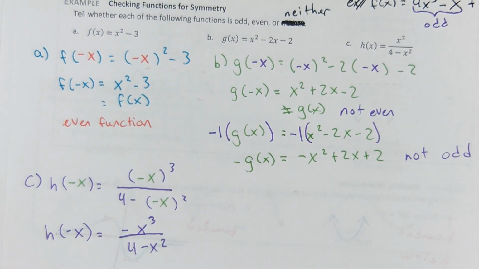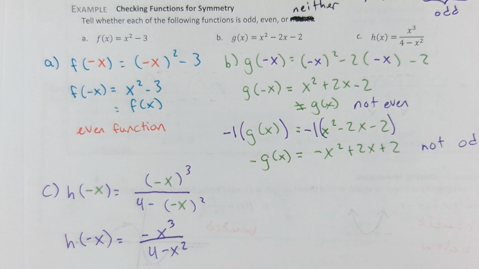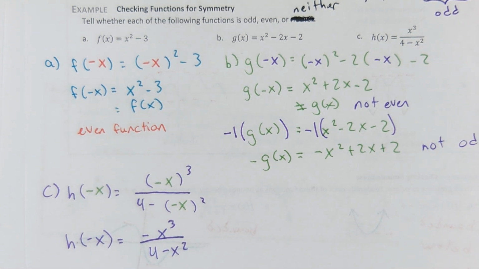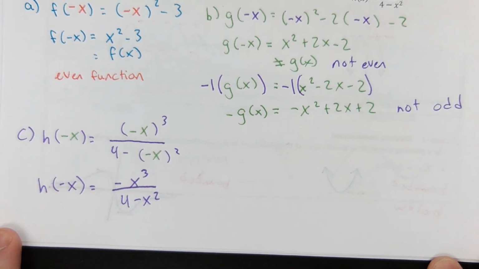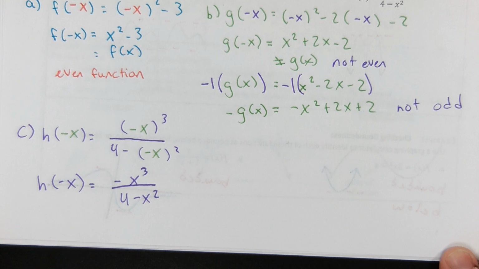So now that we're here, I'd be looking for a room full of voices, and hopefully it shows up on the microphone. And the words I'm looking to hear are even, odd, or neither. So one of those three. Class, what kind of symmetry do you think this has?